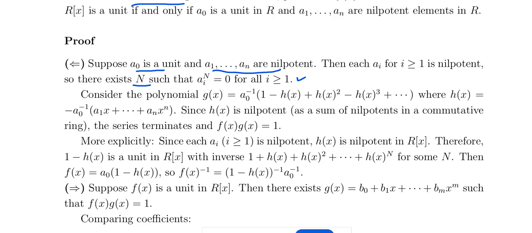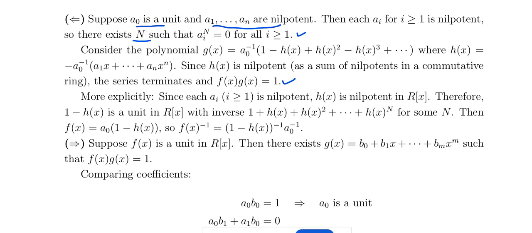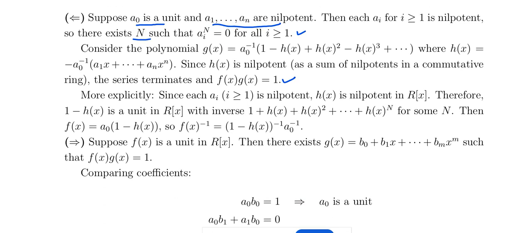The series terminates, so f of x into g of x, where f of x is already defined, the product should be equal to 1. So that is the idea. From this, f of x is a unit.